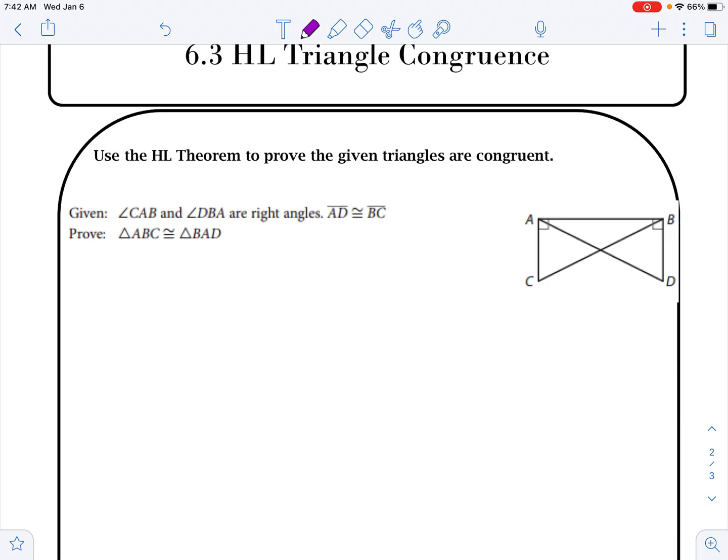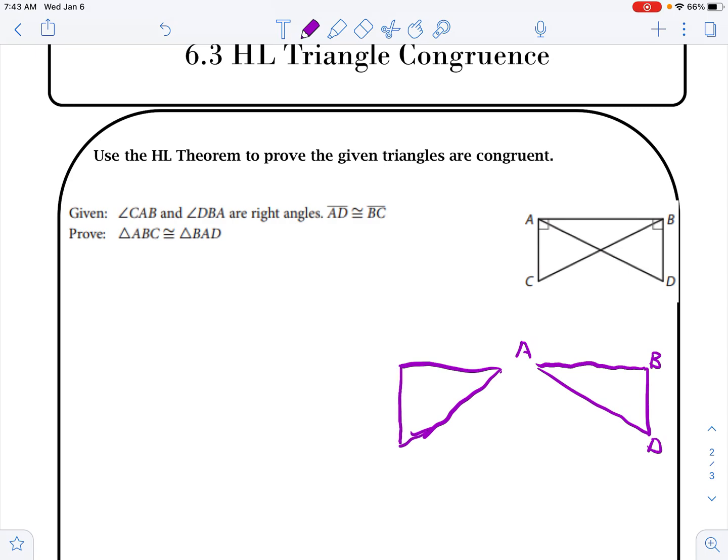Now, for this last one, I would just point out, guys, sometimes it's easier if you separate these two triangles. So this would be triangle ADB, and then you kind of separate and look at this triangle over here. It's not to scale, but I'll draw this one a little better.